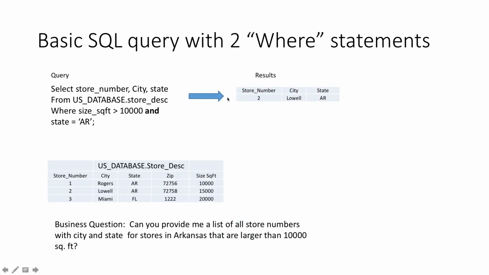So we have store number, city, and state for store number 2 in Lowell, Arkansas, because this row of data satisfies both conditions. We found the row, then let's only bring back the columns that we need from that row. And this is the and. When the and condition is present, that means both have to be satisfied for the row to be returned.